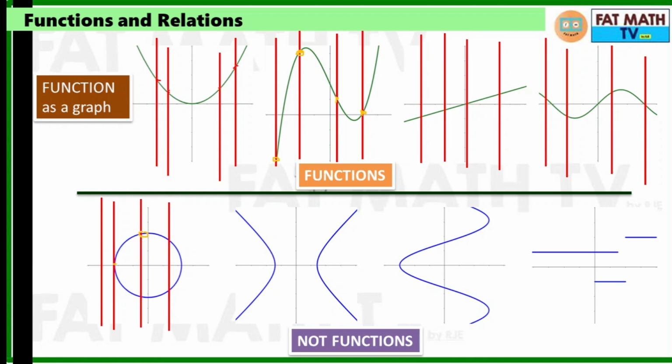But here, we intersect the graph twice. So even if you can make only one vertical line that touches the graph in 2 points or more, you can already conclude that that is not a function. Same here. This vertical line intersects the graph in 2 points. So that is not a function.